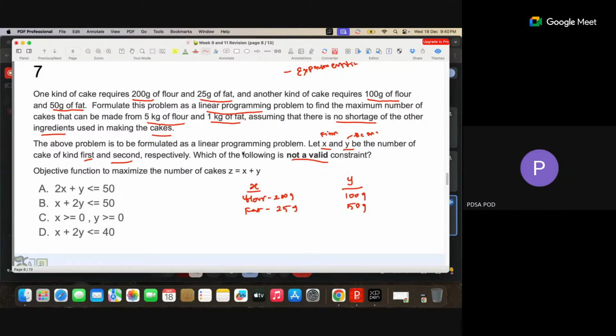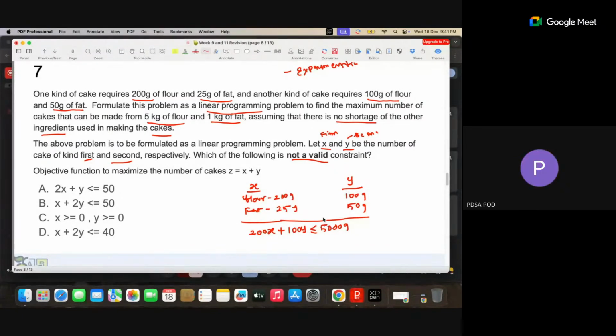Once we convert, we formulate the constraint common to X and Y: 200x, where x is the number of cakes, plus 100y must be less than or equal to 5,000 grams, because 5 kg is available.